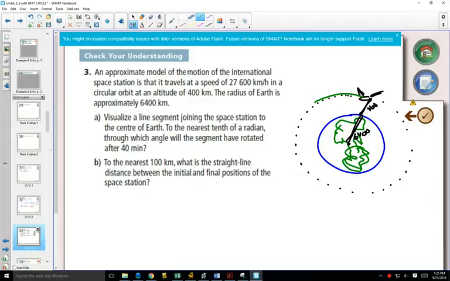If it's going 27,600 kilometers per hour, would it travel that amount, or more or less than that amount? It'll travel less, because that's how much it travels in an hour, and we're only going 40 minutes. It's going to be 2/3. Does it make sense that 40 minutes is equal to 2/3 of an hour, because there are 60 minutes in an hour?